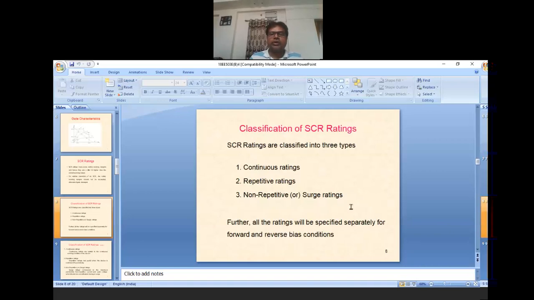When it comes to power electronic devices, all these ratings will be specified separately for forward and reverse biased conditions also, because the parameters, that is forward blocking voltage and currents, allowable leakage currents, latching currents, holding currents, and on-state currents and voltage drops, reverse blocking voltages and leakage currents, all those things will be different from forward bias to reverse biased conditions or first quadrant to third quadrant. So we have to have these ratings separately.